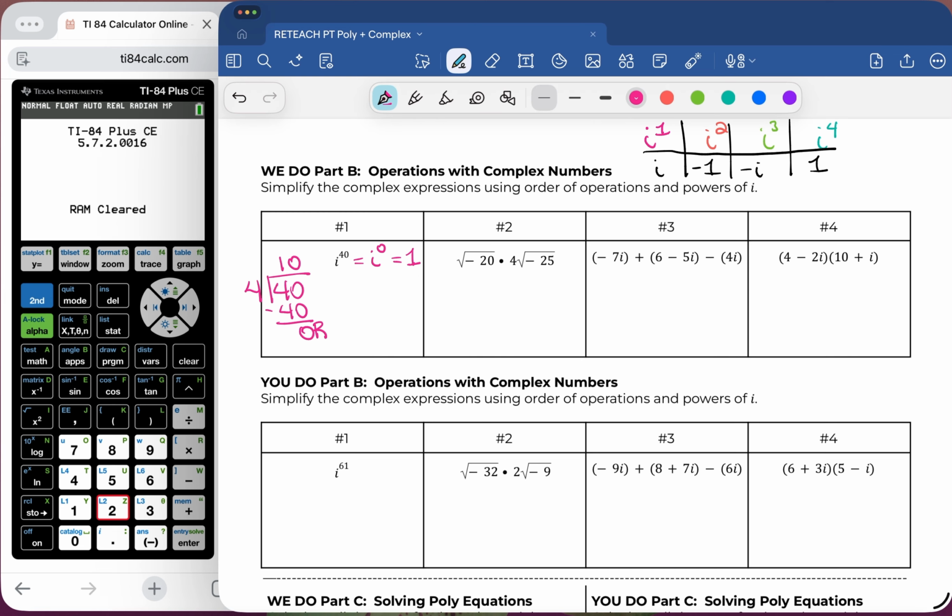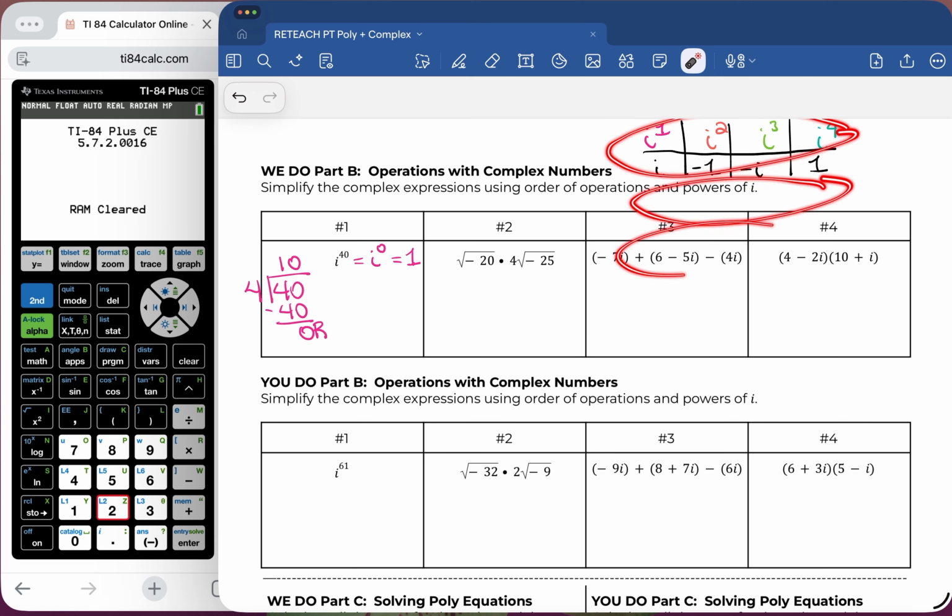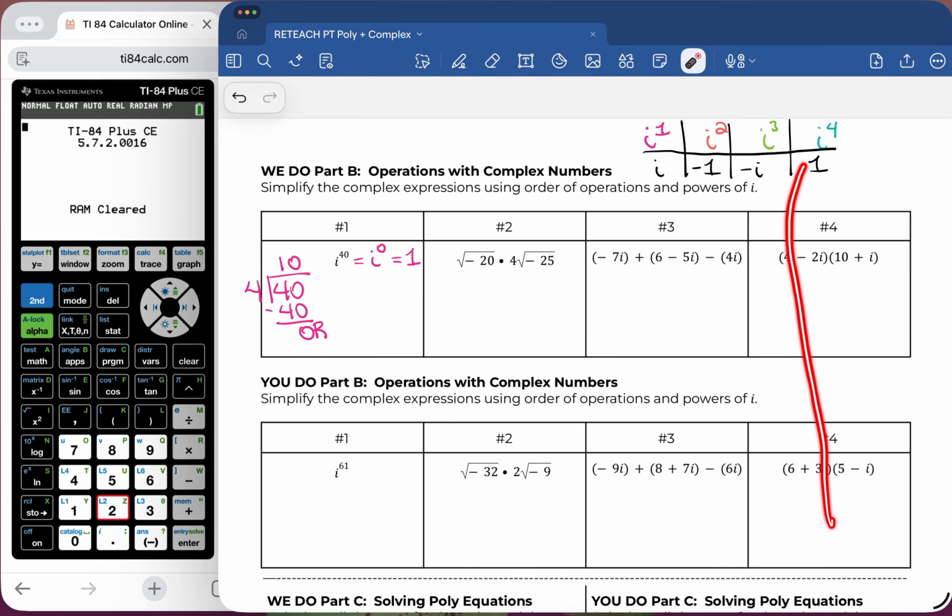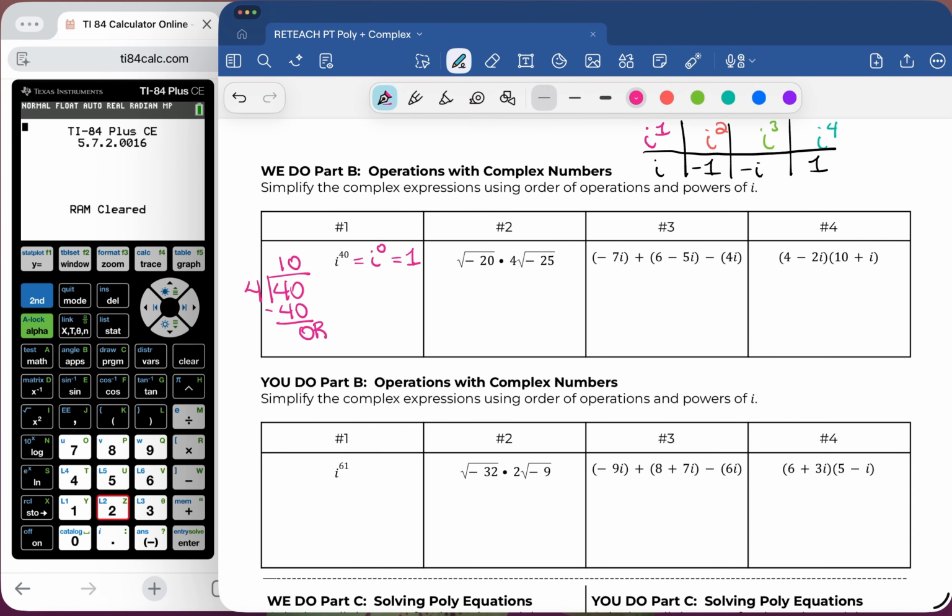If that part does not make sense to you, then you can think to yourself, well, if it's the perfect multiple of 4, it's going to take me 10 rounds to get to that 40. And when I land there, I'm going to land perfectly in this spot since it's a multiple of 4. And so that means it is equivalent to the number 1. So different ways to think about it. You just try to figure out the one that makes the most sense to you.